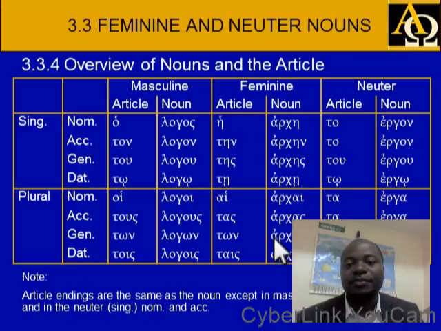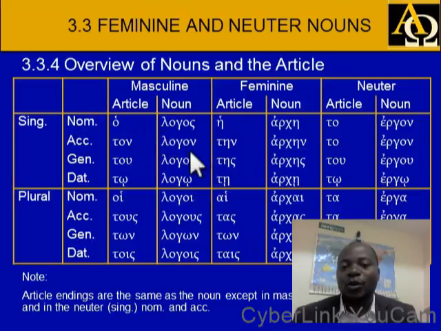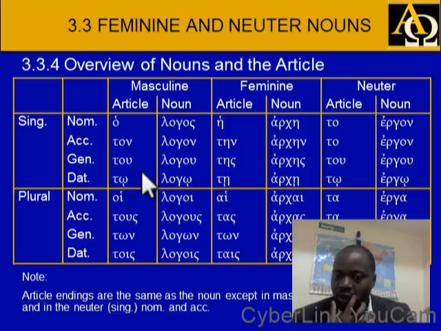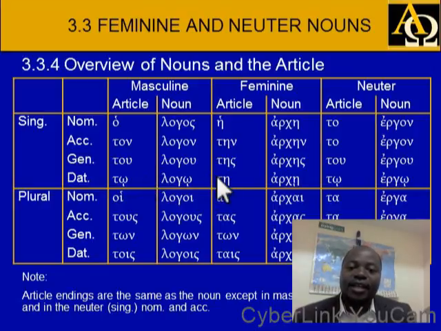So look at that. This is what we are saying, that there must be an agreement: ho logos, ton logon, tou logou, to logo, hoi logoi, tous logous, ton logon, tois logois, he arche, ten archen, tes arches, te arche, hai archai, tas archas, ton archon, tais archais.